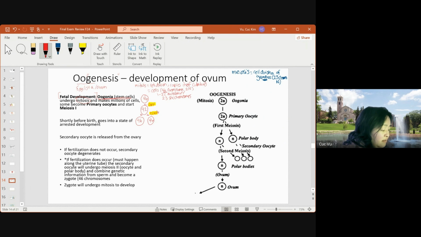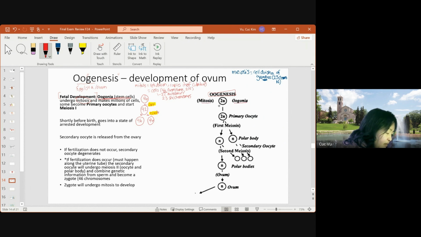So when this female is developing as a fetus, she's also preparing for her future, right? So the beginning of oogenesis starts off with an oogonia. This oogonia is going to undergo mitosis.